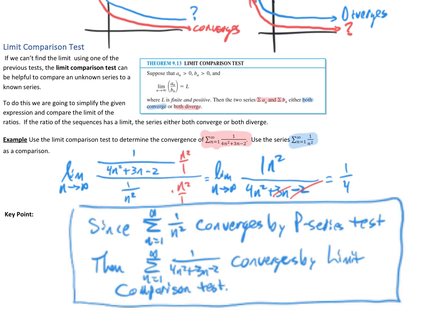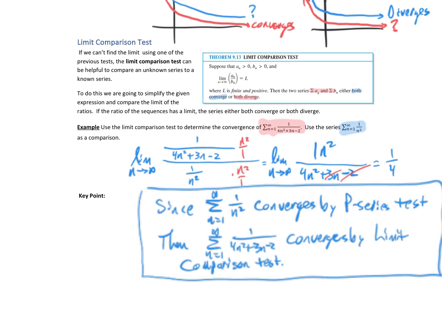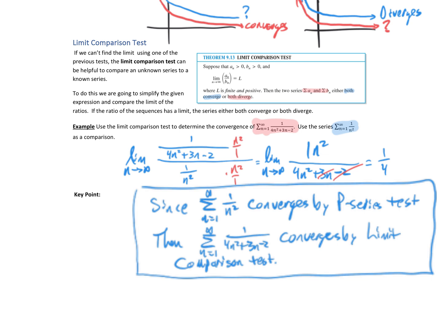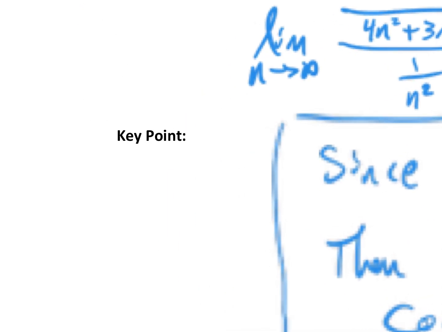So the key here is this. We want to look for a series that is similar, that we do know the convergence of.